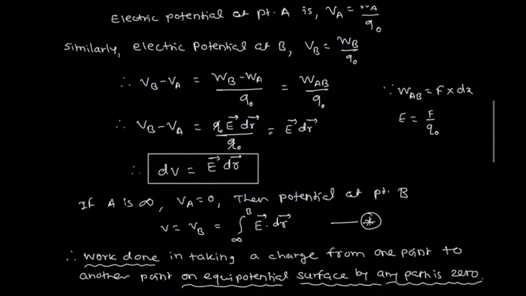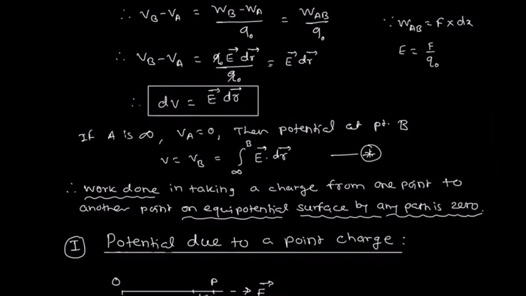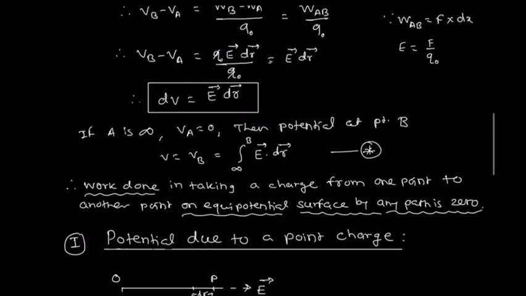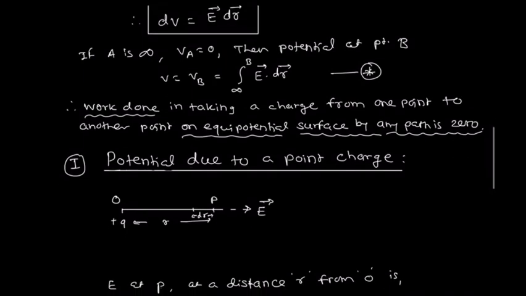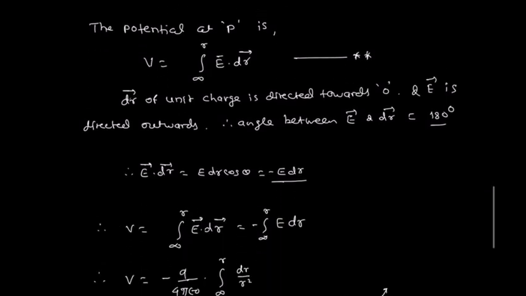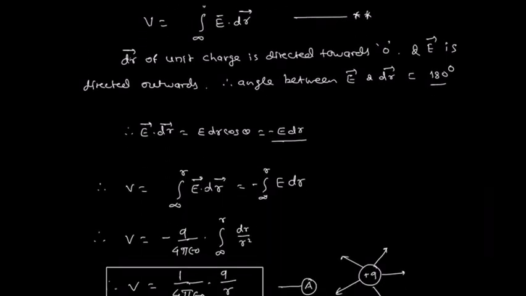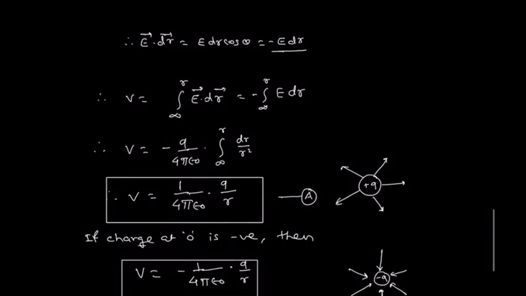Then we find the electric potential at a point due to a point charge, whether that point charge is positive or negative. If it is positive, we get the electric potential at O as 1 divided by 4 pi epsilon 0 Q by r. If charge is negative, we get minus 1 by 4 pi epsilon 0 into Q divided by r. And that is the result of electric potential.